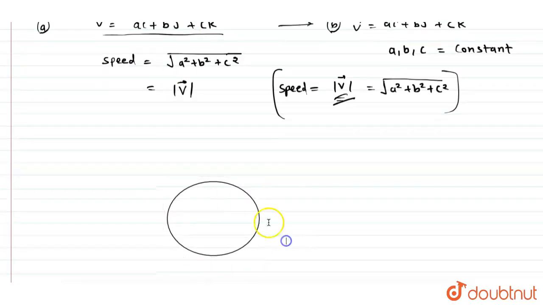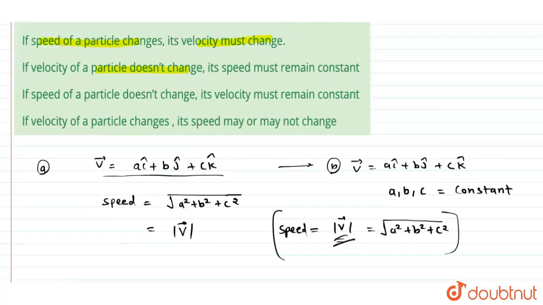If the particle is performing uniform circular motion, the particle is moving with constant speed. But you can see that the direction of the particle is changed. This shows that the velocity changes, but the speed remains constant.